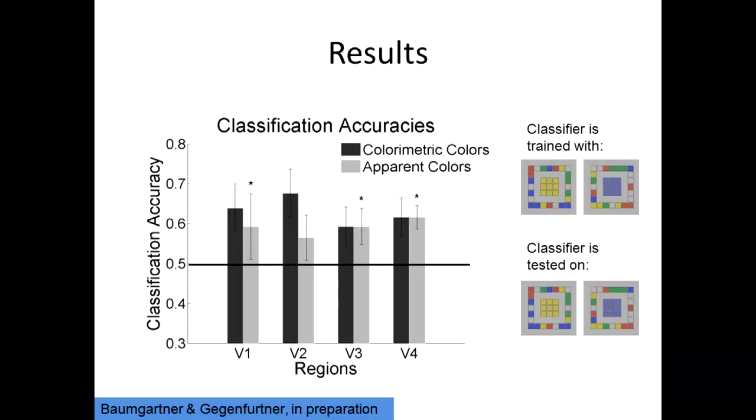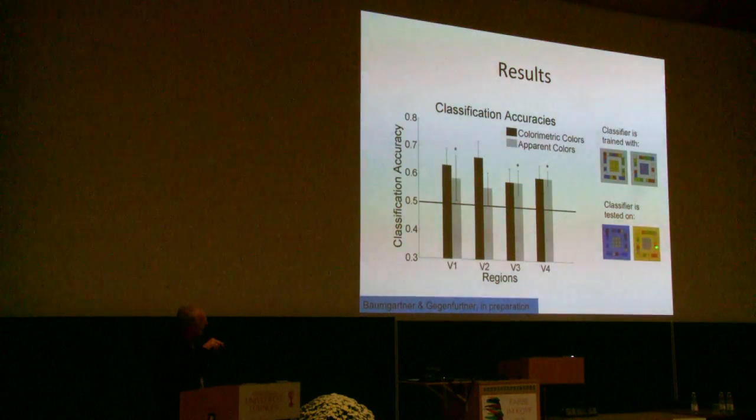And so in this case, we train the classifier again with the neutral context, but then we do the testing on those trials where observers had seen the yellowish looking patch that has actually a neutral spectral distribution, or the apparently bluish patch that also has the same neutral spectral distribution.